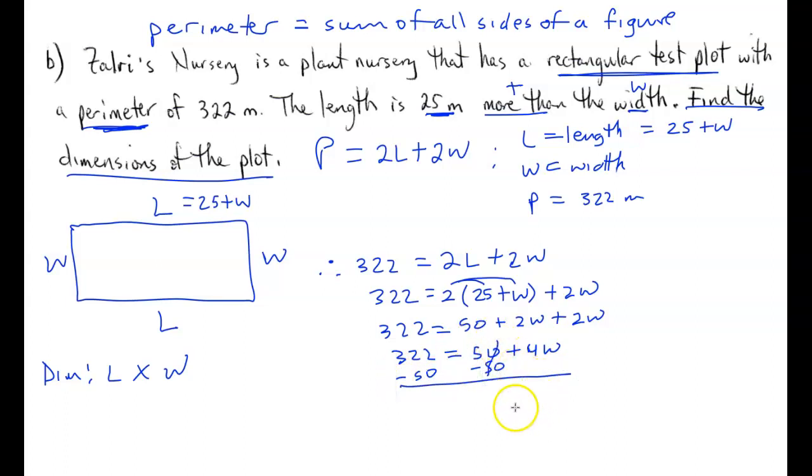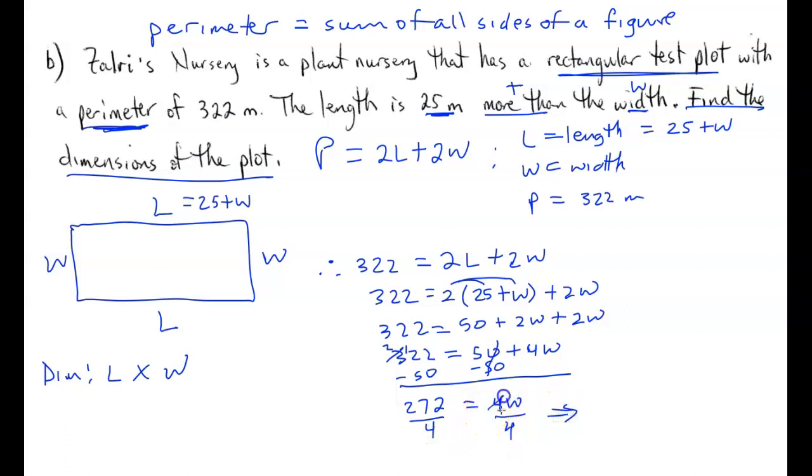So that cancels. And we'll just have 4W on the right side. On the left side, this will end up being 272. And then we just divide both sides by 4.